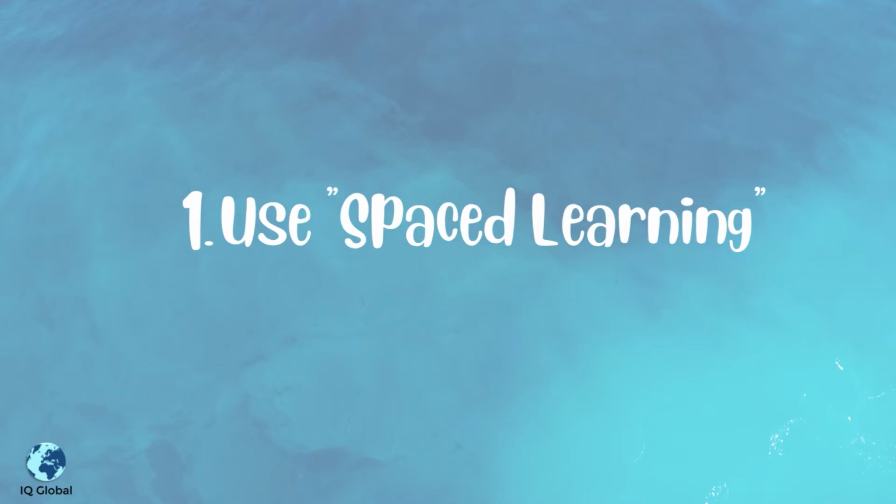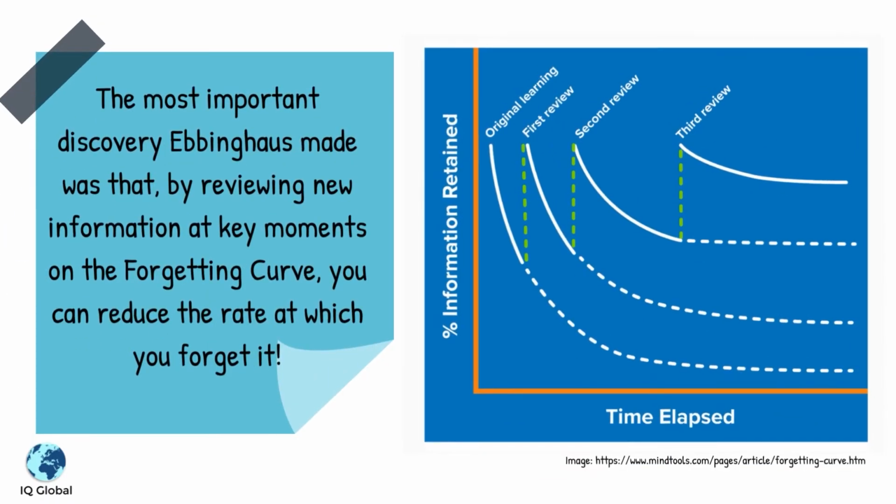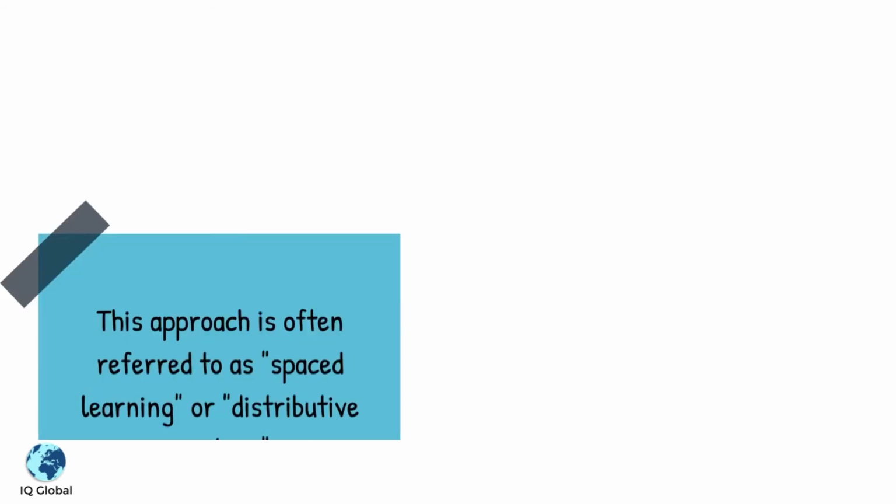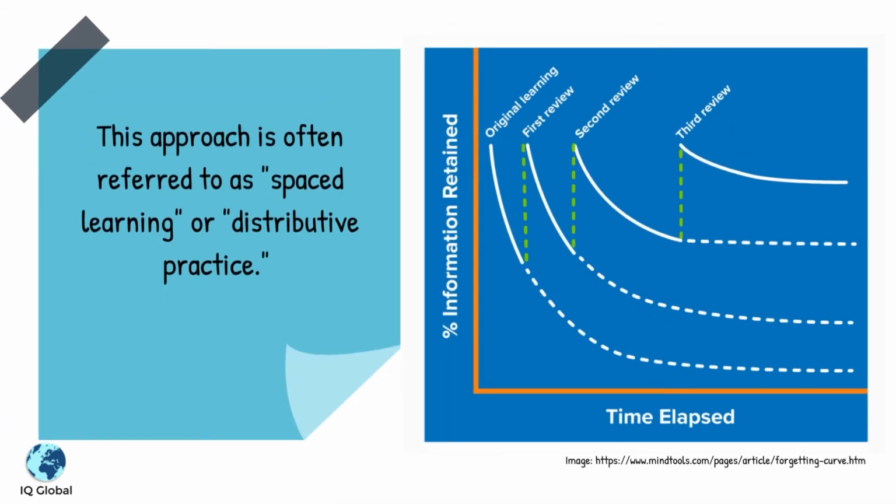1. Use spaced learning. The most important discovery Ebbinghaus made was that by reviewing new information at key moments on the forgetting curve, you can reduce the rate at which you forget it. This approach is often referred to as spaced learning or distributive practice.